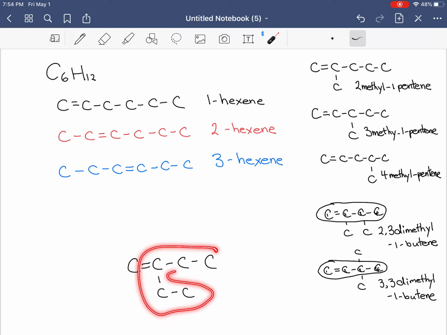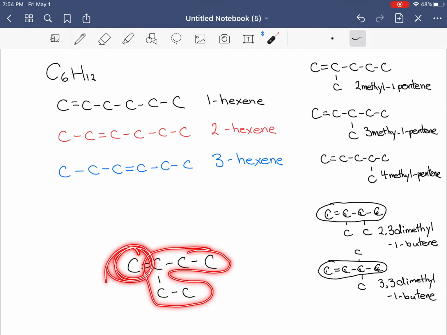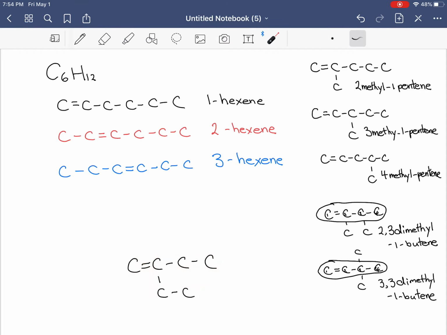Now the question, can you do this? Because some people may say, oh, this is 5 carbon. Well, if you do this, this double bond C is a side group. No, the rule says your longest carbon-carbon chain has to involve the double bond. So this is actually 1-butene.